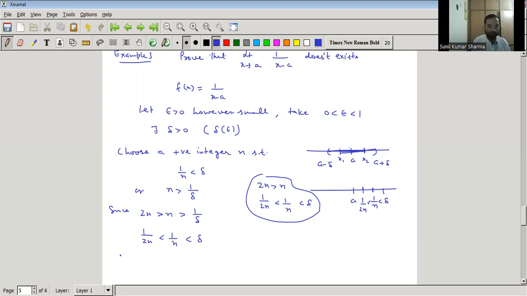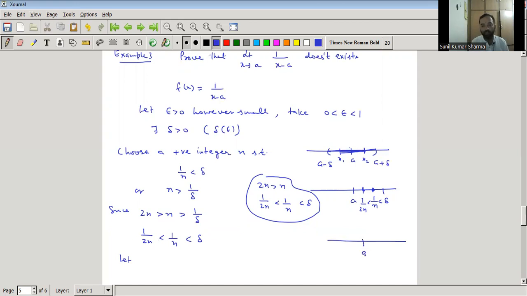So we find the relation between 1 upon n, 1 upon 2n and delta. Delta is greater than 1 upon n and 1 upon 2n.